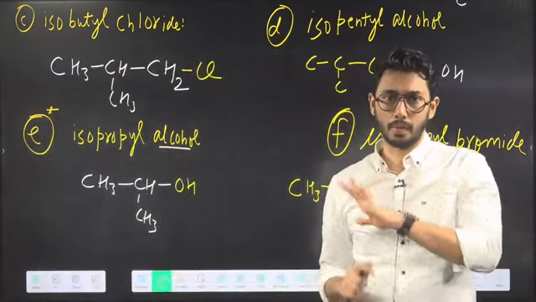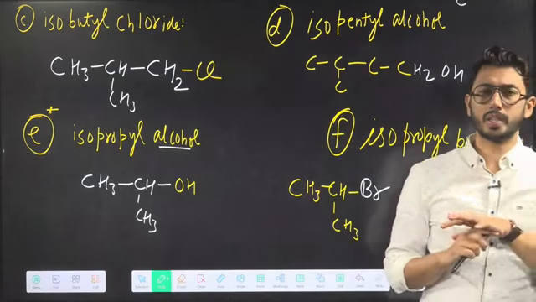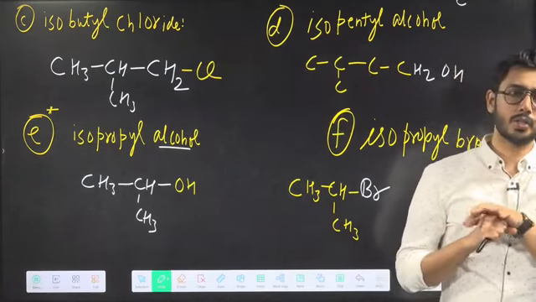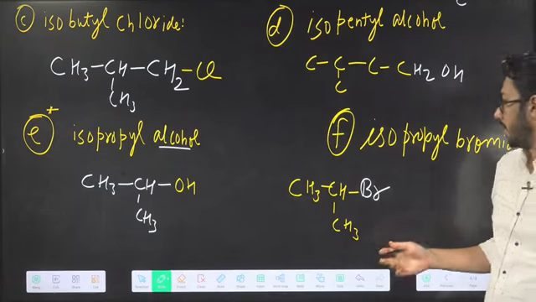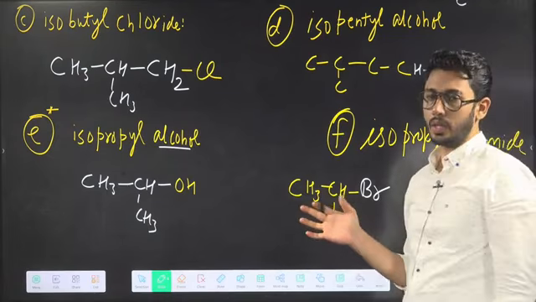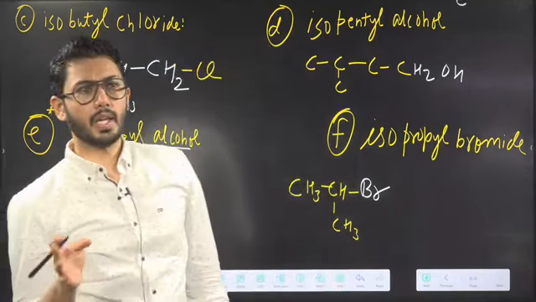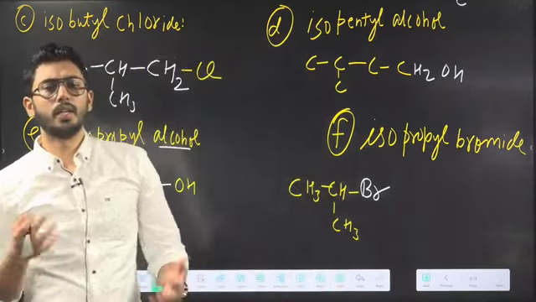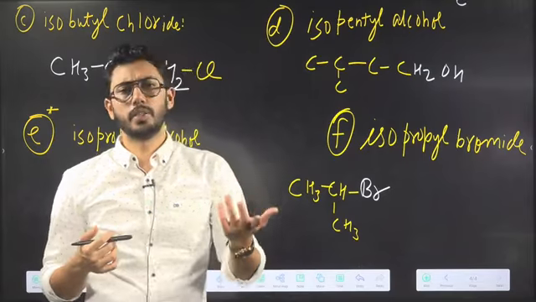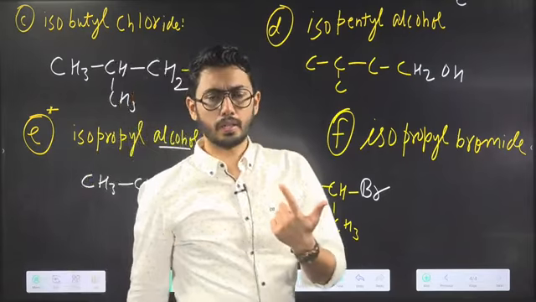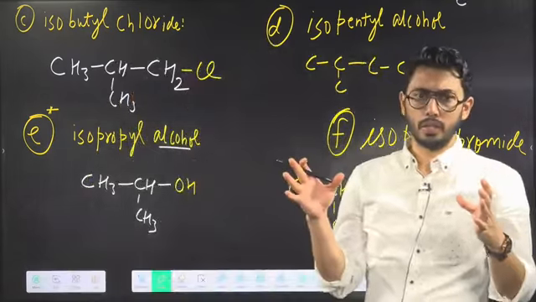Iso and N compounds are less important for nomenclature, but for the reactions they are very important. IUPAC topic, generally students take it lightly. Reason, they think that in the exam one question will be there and so many things I have to learn.